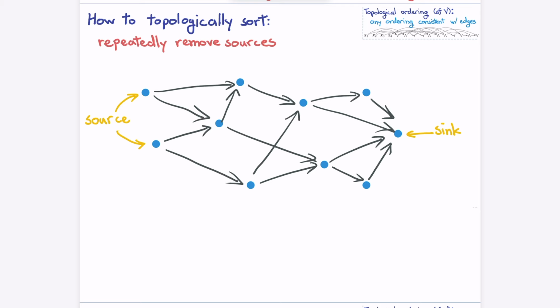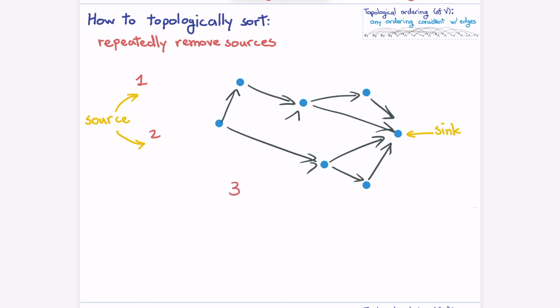So I might say, okay, this is number one, and then I can erase these. I'm really just worried about which of the remaining vertices has nothing coming in, out of the remaining graph. This will be 2. Mark that off. Then we have some choices. This could be 3, for example. We mark that off. This could be 4. We mark that off.